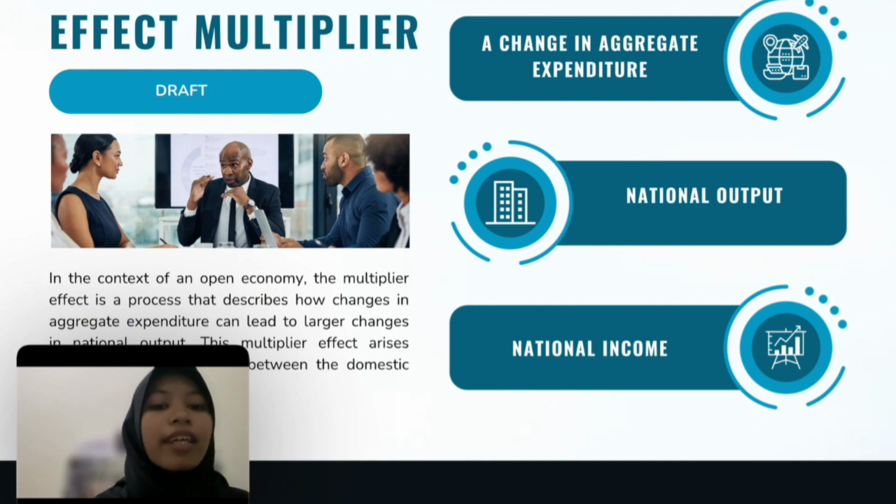The increase in national output will lead to an increase in national income, and the national income will lead to an increase in consumption, and the increase in consumption will lead to a further increase in aggregate spending.